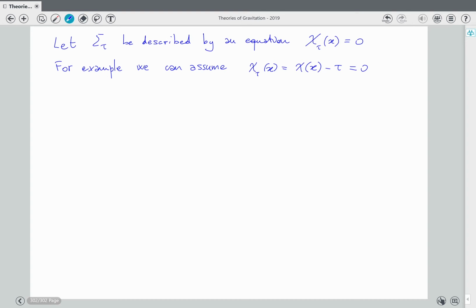So, for example, if your manifold is R3, chi of x could be t. T equal to tau is a 3 manifold, it's an entire space.